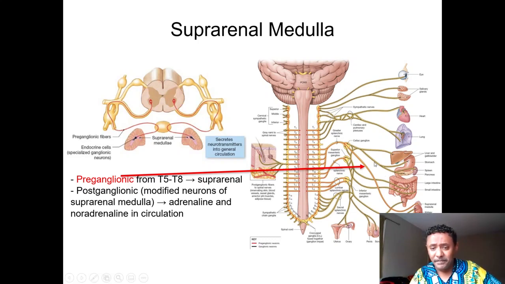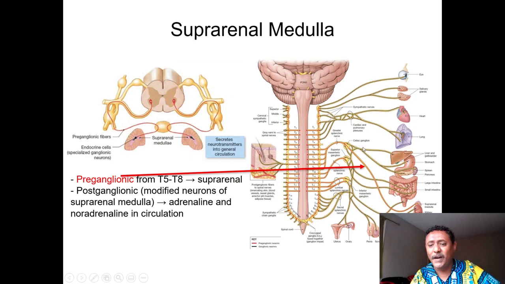What will happen? As you can see here, from my greater splanchnic nerve there will be a preganglionic fiber that does not synapse with the celiac ganglia. Look at that. All those of the greater splanchnic nerve, T5 through T9, the preganglionic fibers will synapse with the celiac ganglia.